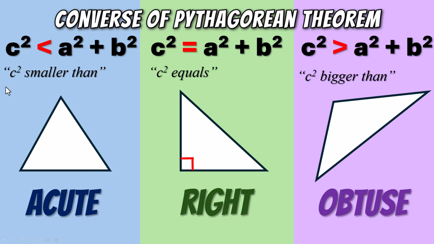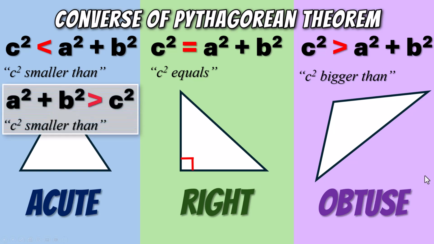The reason I like to write the c squared first is because that makes this all work nicely. If c squared is the smaller of the comparisons, you can use the less than symbol right here and think c squared smaller, c squared equals, c squared bigger. If you flip it and put the a squared plus b squared first, you end up with things like a squared plus b squared greater than c squared.